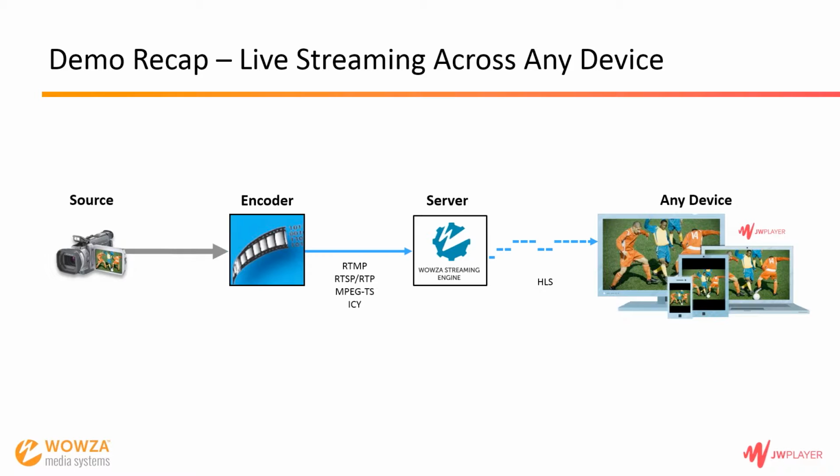The email short link that Wowza provides is a very nifty feature to get your encoder up and running really fast. From the server, the stream is sent in Apple's HLS format into JW Player. And then JW Player in turn ensures that your stream is playing back on any device that supports either Flash or HTML5 video content.